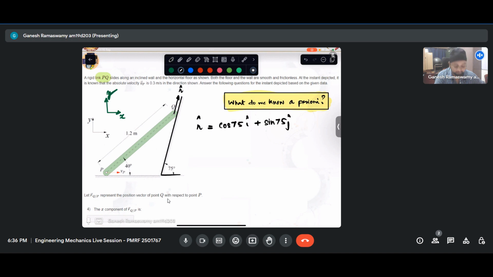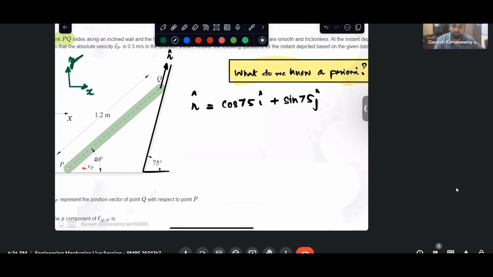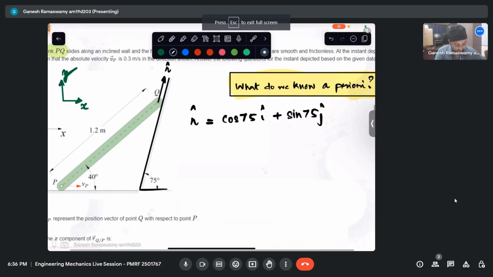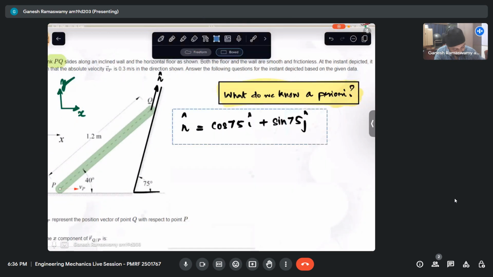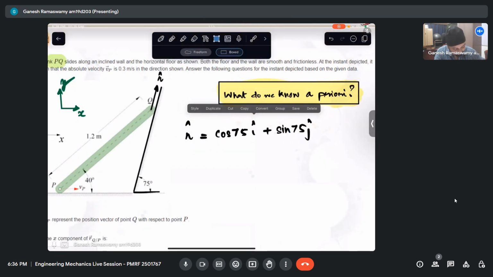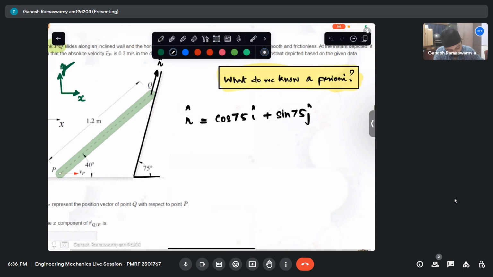Now we know that any vector can be represented using the magnitude and its unit vector. So what can I write about the velocity of Q?